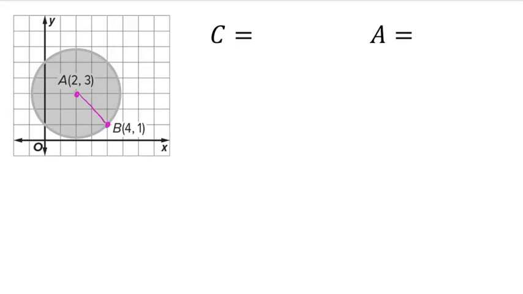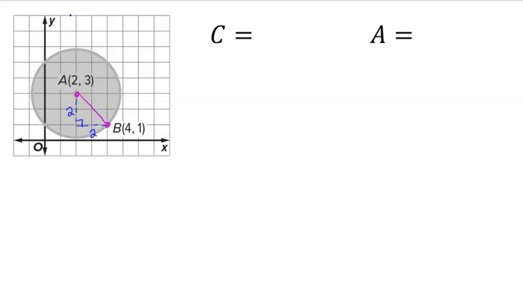So this is the length that I want to calculate. I can either use my distance formula or I can use Pythagorean theorem. And if I'm using Pythagorean theorem, which I like the most because I think it's easier, it's actually just as easy as the distance formula, but I always feel like it's easier. So I create my right triangle. I have 2 and 2.